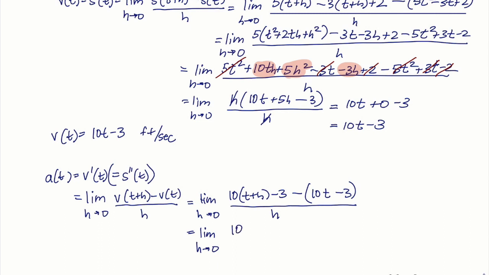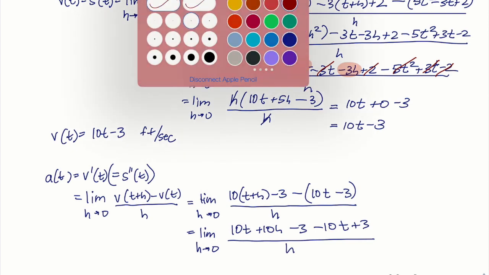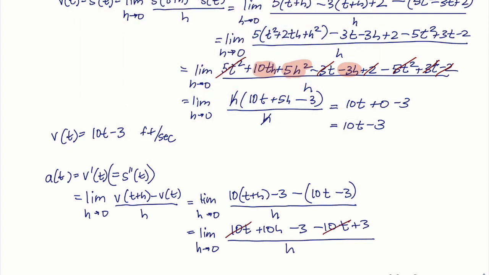Let's distribute the 10t plus 10h minus 3 minus 10t plus 3. And I can see I have several things that will add and subtract to make 0. And what I'm left with is 10h over h, and that reduces to 10.